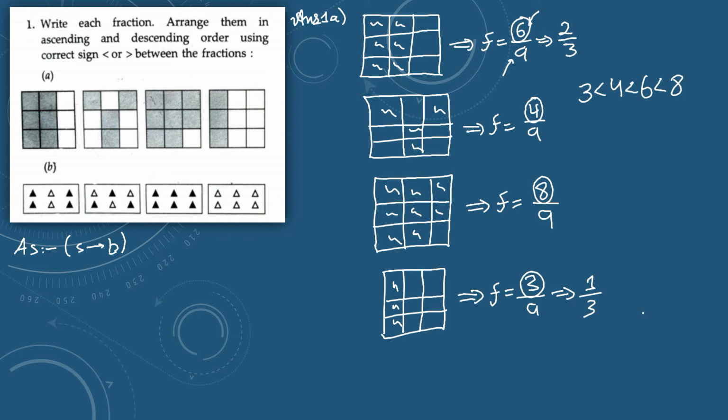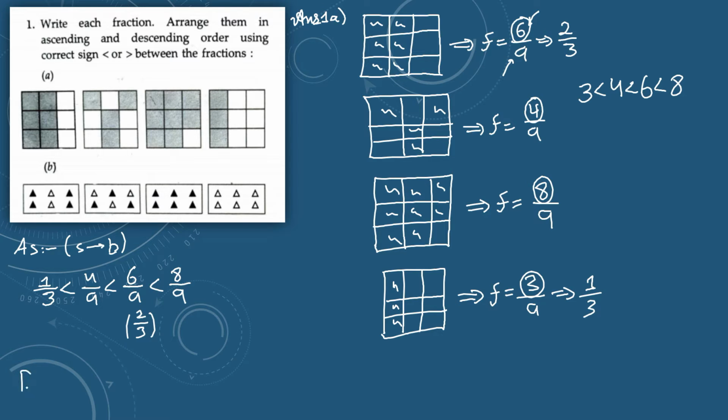In the same way, first 1/3 will come, that is 3 ninths, which is smaller than 4 ninths, which is smaller than 6 ninths, or you can write it as 2/3 as well, which is smaller than 8 ninths.